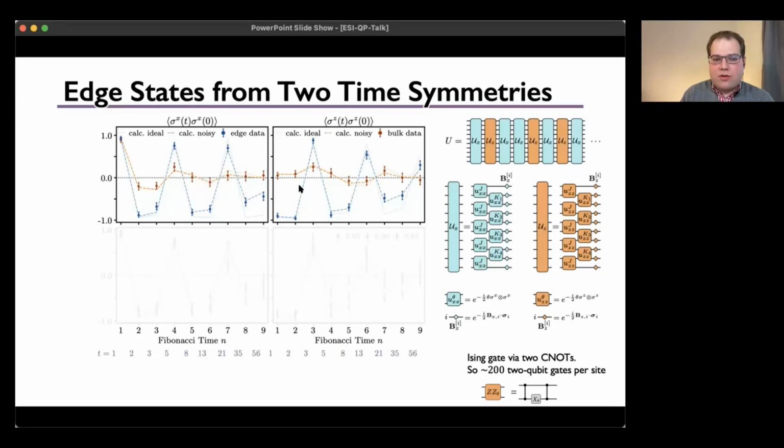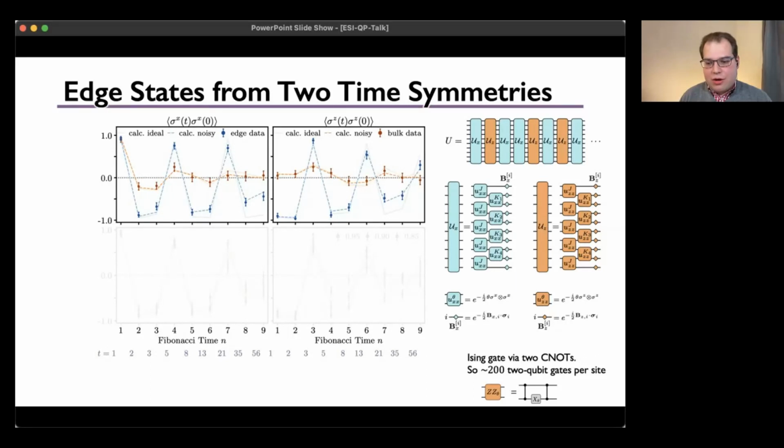The edge modes, on the other hand, show this persistent oscillation with a slight decay that is completely captured by the 1 and 2 qubit incoherent errors. And so what that means is that we're actually seeing these long-lived oscillations of some dynamic edge state coming from our quasi-periodic time evolution that rotate quasi-periodically on the boundary.